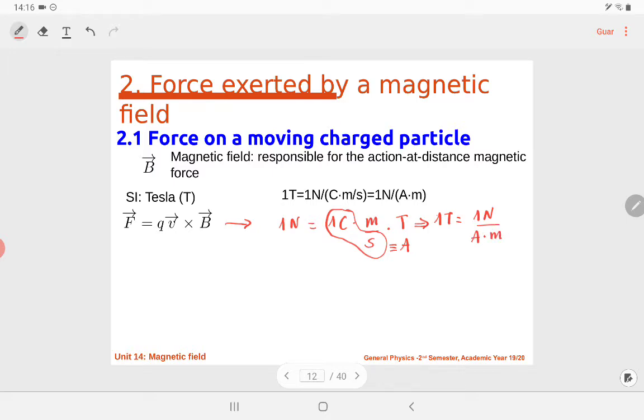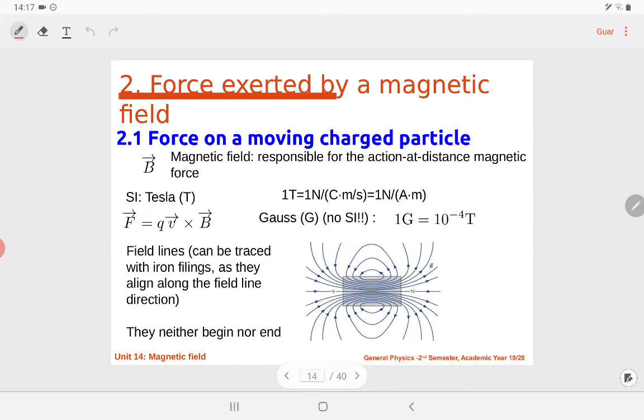As the magnetic field is a field, you can use field lines to represent it graphically. For a magnet, they look like this.